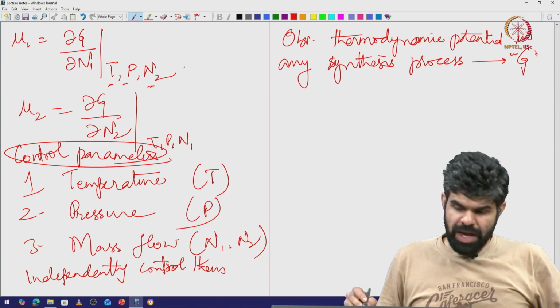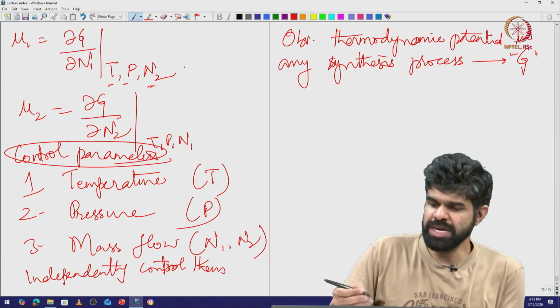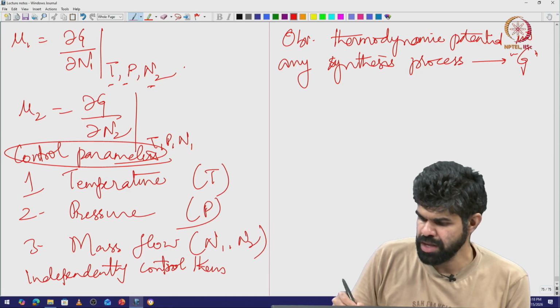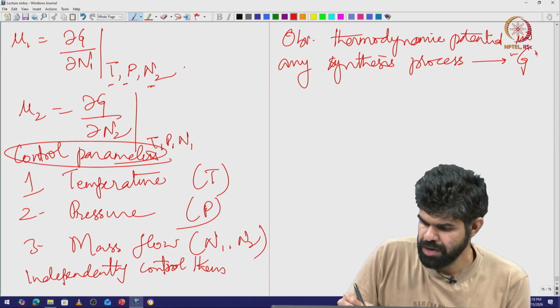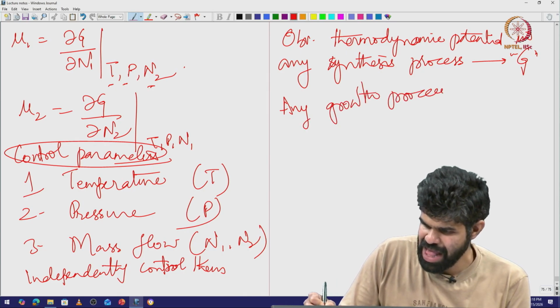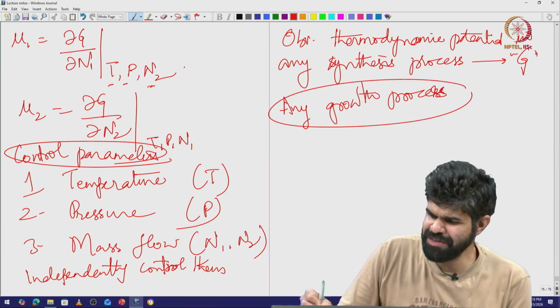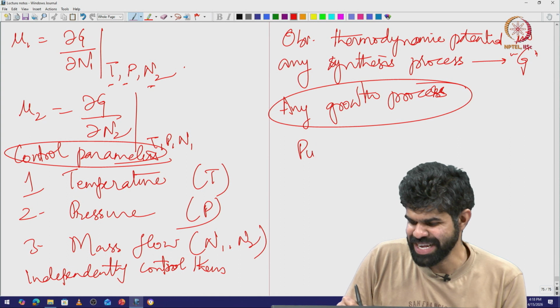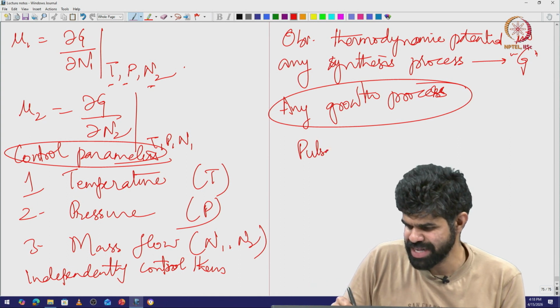Now, you see then how am I typically doing a growth process. Let us give an example of something called pulsed laser deposition. So, this is pulsed laser deposition.